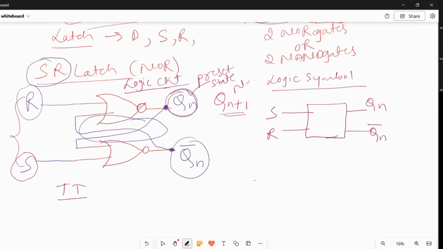Next state. It is something like Qn means today, Qn plus 1 means tomorrow. What we are today is the present state, Qn. Qn plus 1 is the next state. Qn is the present state. Qn bar is what?